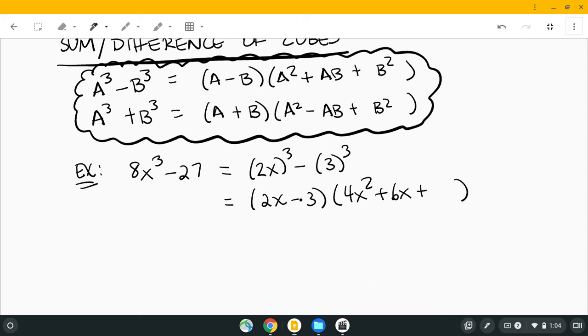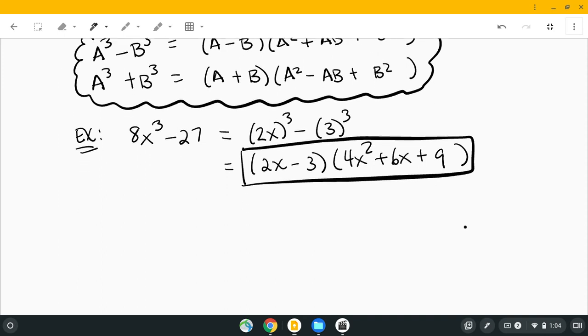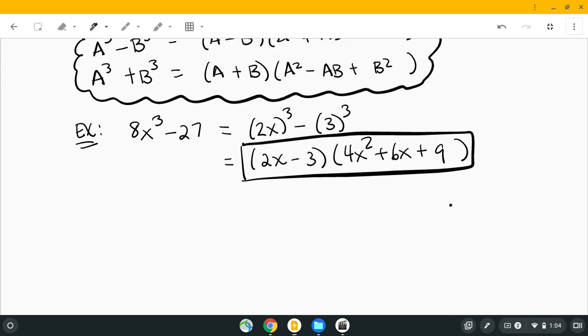And then over here, this is just going to square the second term, so 9. Okay, so again, you just square this, 4x squared, take their product, 6x, and then square this, 9. Okay, so square it, take their product, and square this. And this trinomial is not factorable. Okay, so we can stop right there.